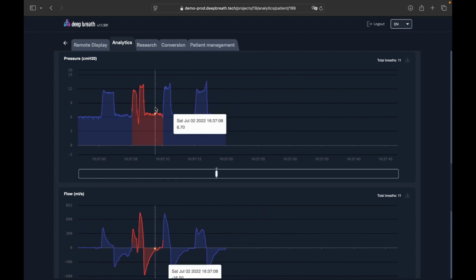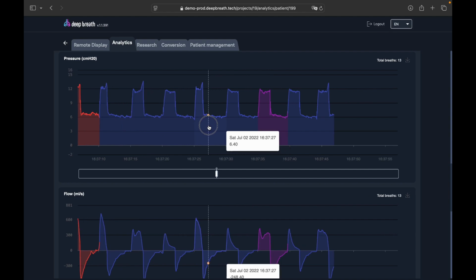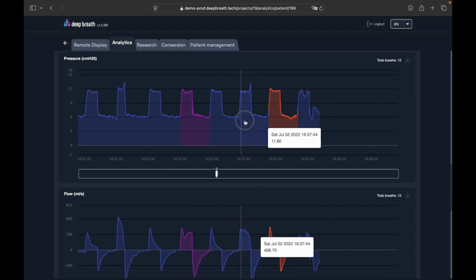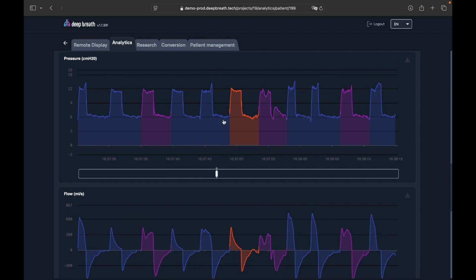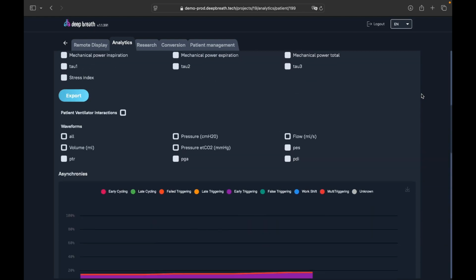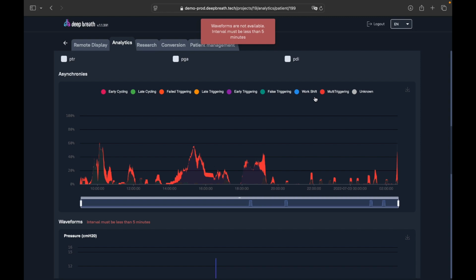So reverse triggering led to double triggering, and in pink the reverse triggering cycles are highlighted, and here they are detected quite well. Ineffective effort, failed trigger, and later we see that they led to multiple triggering.